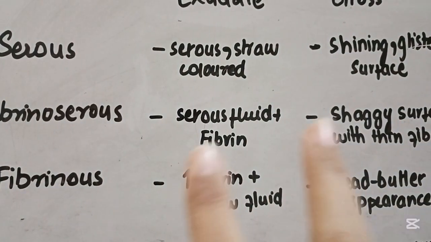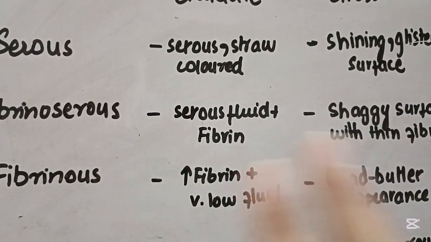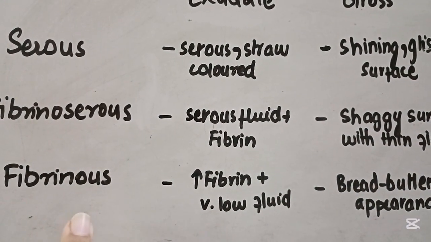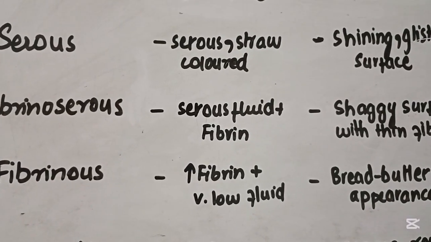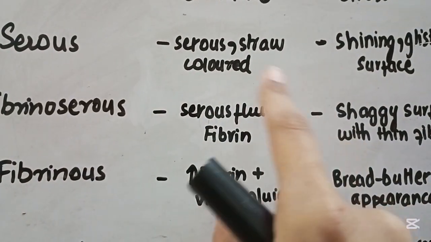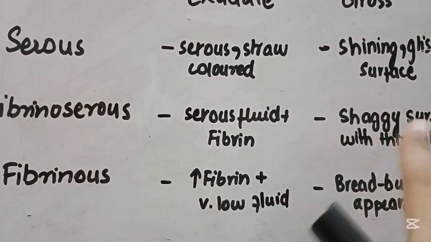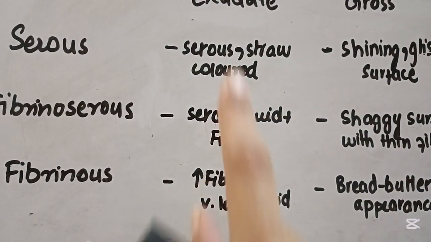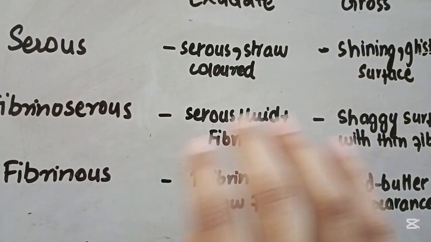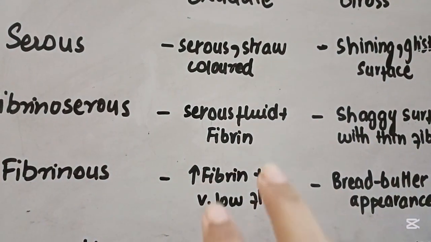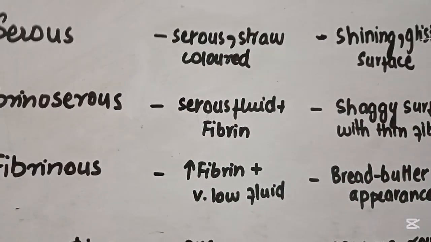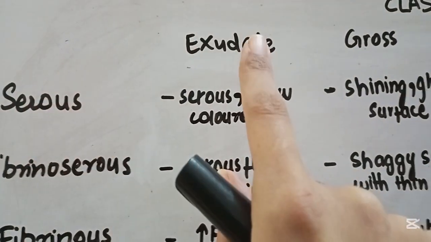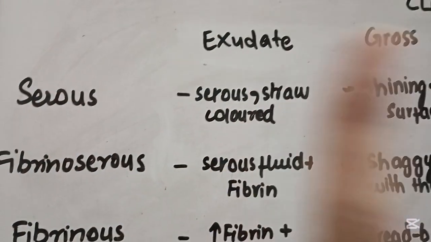Because the mediators are fewer compared to what we will see in the fibrinous type, the spaces between the endothelial cells of the capillary lining are not as wide, so fibrinogen does not really get out. So in serous type, the exudate is serous, straw colored.